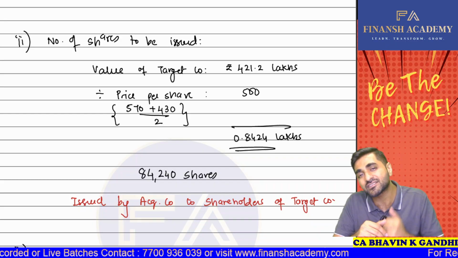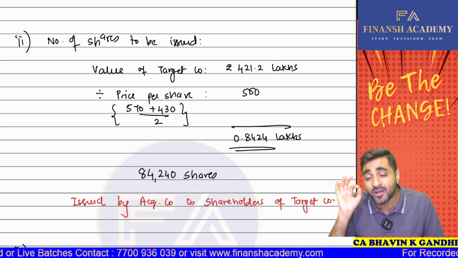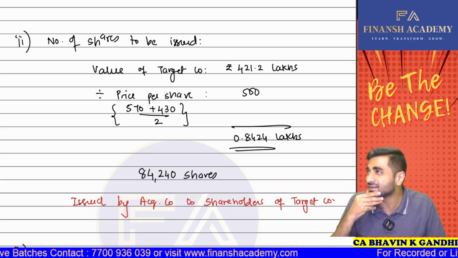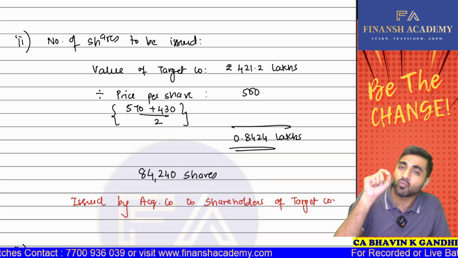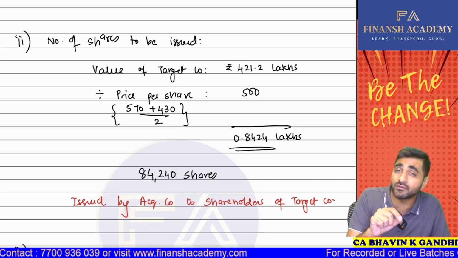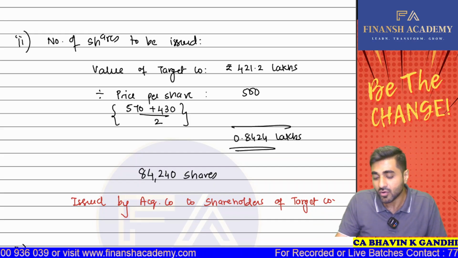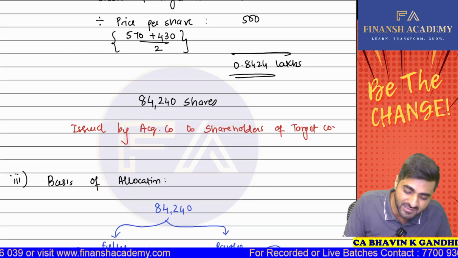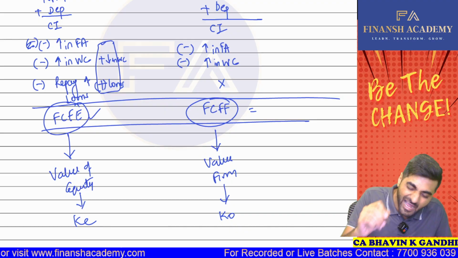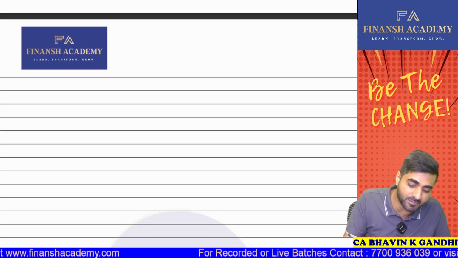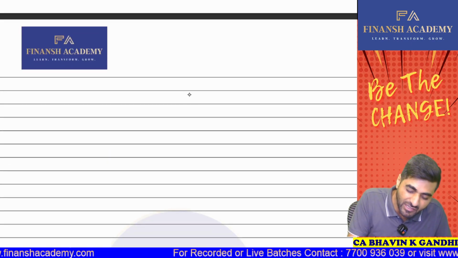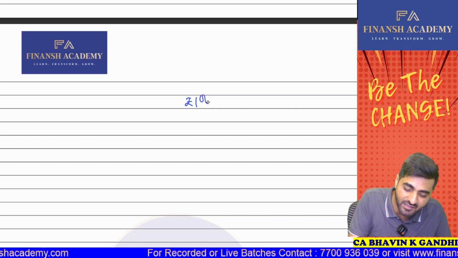Now, if you are a shareholder of the target company, what should we consider as the market price of an equity share? You must be wondering, sir, if I am a shareholder of the target company, and let's say the value of the target company is coming as 100 crores.